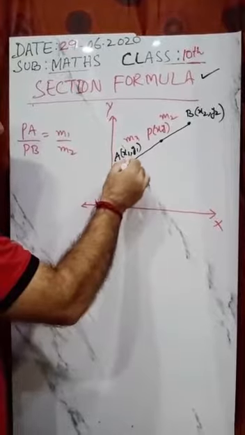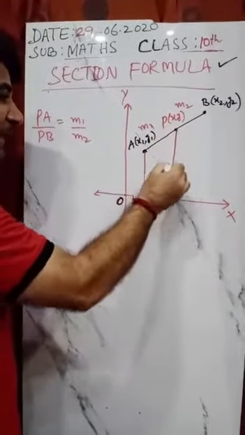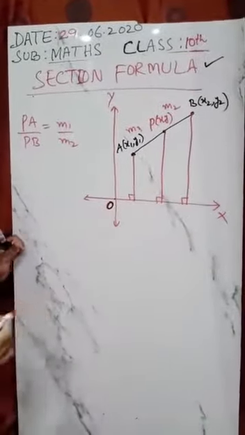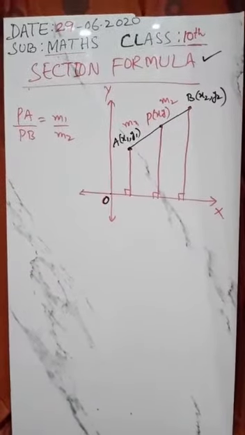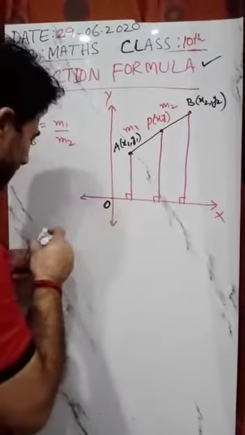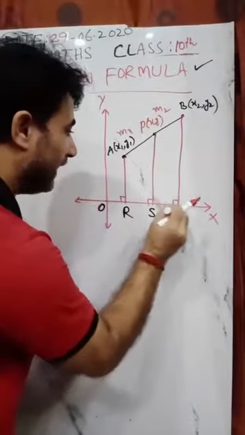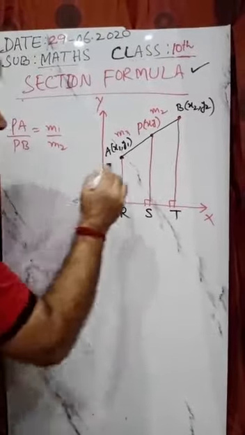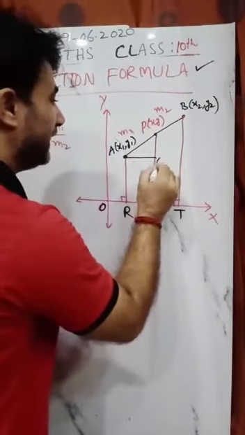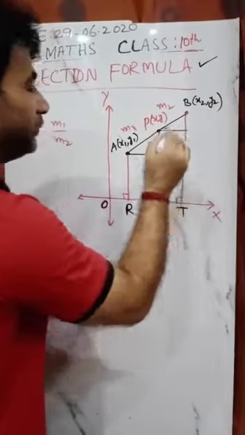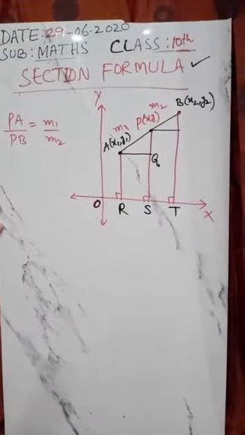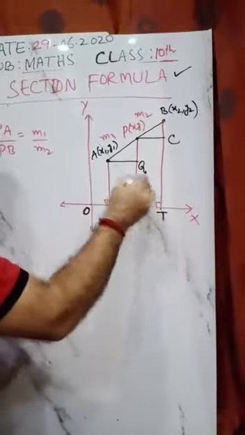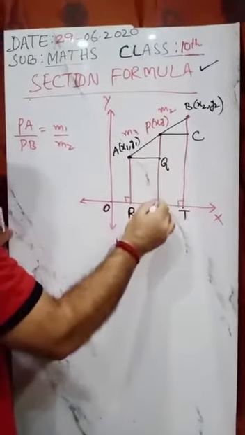Let us draw the perpendiculars from A, P and B on the x-axis. These are all perpendiculars we have drawn from A, P and B, and we name them R, S and T. Also we will draw a perpendicular from A to PS, let us name it Q, and from P to BT, let us name it C. So PC is perpendicular to BT and AQ is perpendicular to PS.